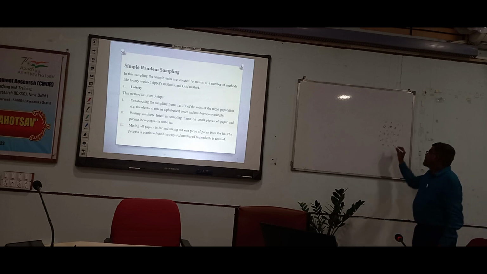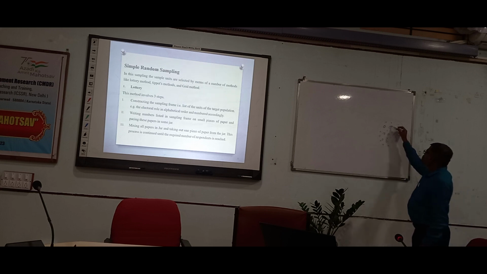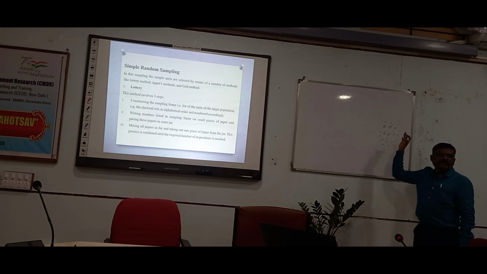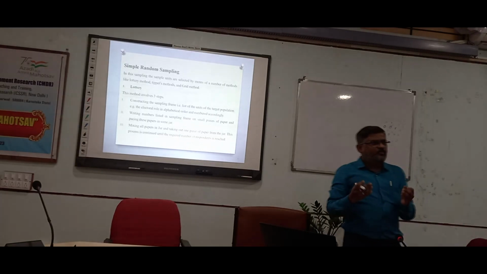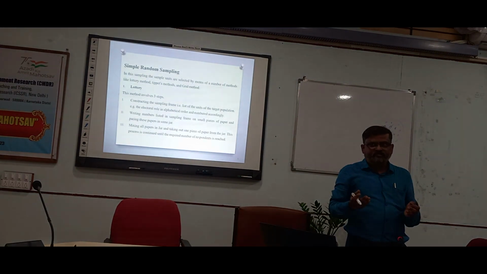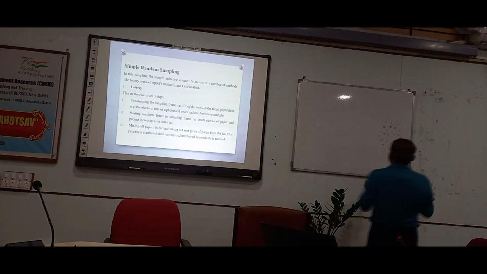Through the lottery method we select randomly. By lottery, this person has an equal chance of selection, this person also, everybody has an equal opportunity of selection. So lottery cannot introduce any kind of bias. There is equal opportunity for everyone to be selected. That is what we call simple random sampling.